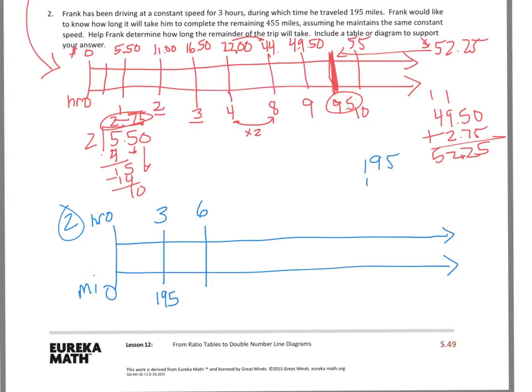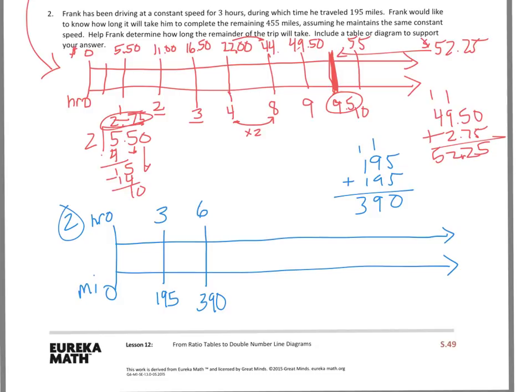So it's really 195 plus 195, or 195 times 2. So that's 390. Well, I know if I add 195 to that, I'm well over 455, because it's going to be close to 500, or way over 500 actually.